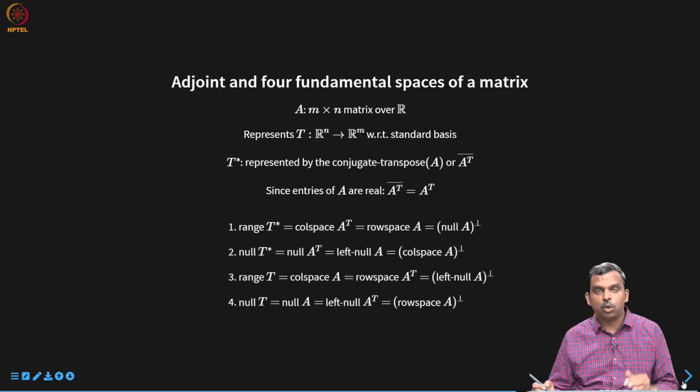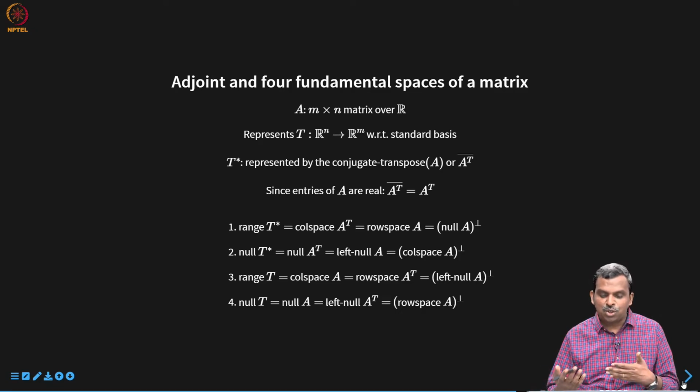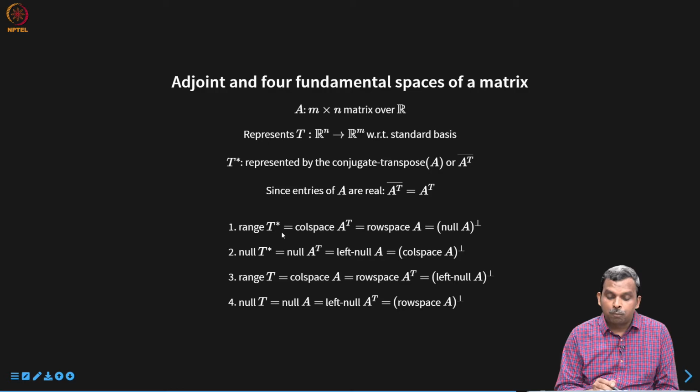Once you have that, you can go back and look at how these spaces are related, and you'll see the very natural thing that's happening with respect to the matrix, right? Range of T star is the column space of A transpose, and that's nothing but the row space of A, and clearly that is the null of A perpendicular, the orthogonal complement of the null of A. Okay. Now, null of T star is the null of A transpose, that is left null of A, and that is the column space of A's complement.